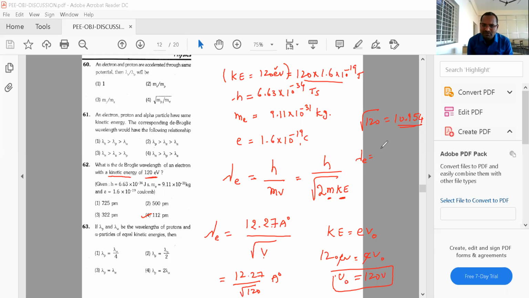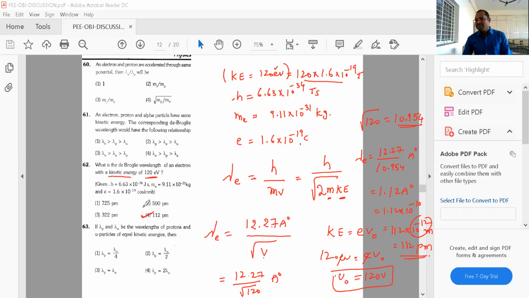So lambda of the electron becomes 12.27 by 10.954 in angstroms. 12.27 divided by 10.954 comes out to be 1.12 angstroms. 1.12 angstrom means 10 to the power of minus 10. If you convert into the power of minus 12, it will be 112 into 10 to the power of minus 12 meters. 112 into 10 to the power of minus 12 is nothing but pico, so we can write picometer. Exactly, we have got the same answer.